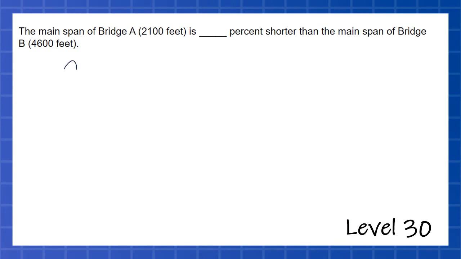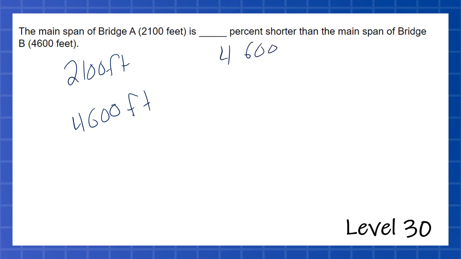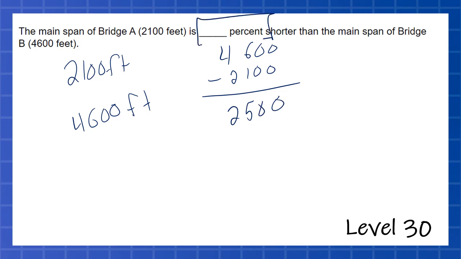So if bridge A is 2,100 feet and bridge B is 4,600 feet, bridge A is shorter. How much shorter is it? Okay, so what we're going to do is we're going to subtract the 4,600 minus the 2,100, and we get 2,500. But it actually wants percent shorter.